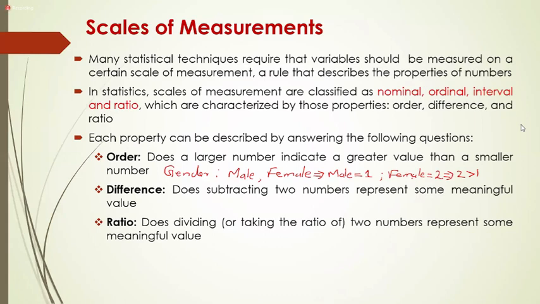Can we say that female is greater than male? Any other student? Don't consider these numbers. Generally, can we say male is greater than female or female is greater than male?